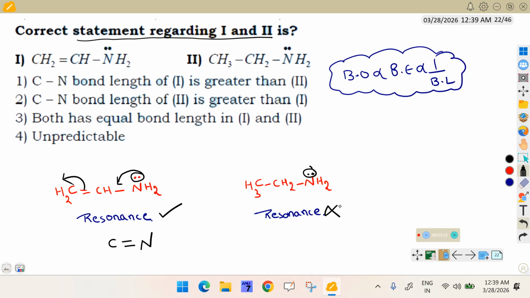No, because lone pair and pi bonds are not present alternately, so resonance is not possible. So between carbon and nitrogen, a single bond is present. When bond order value increases, bond length value decreases. So C-N bond length in 2 is greater than C-N bond length in 1.